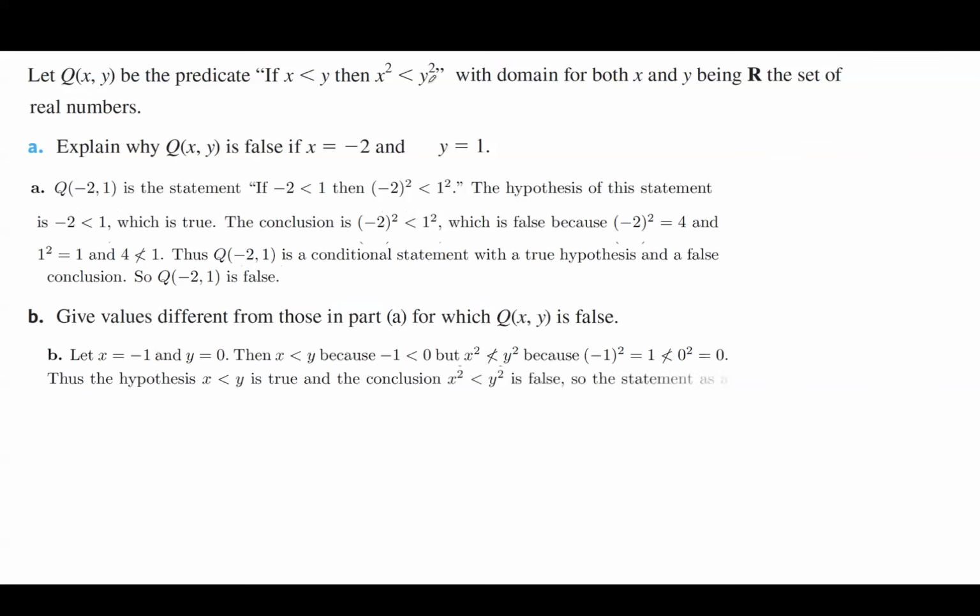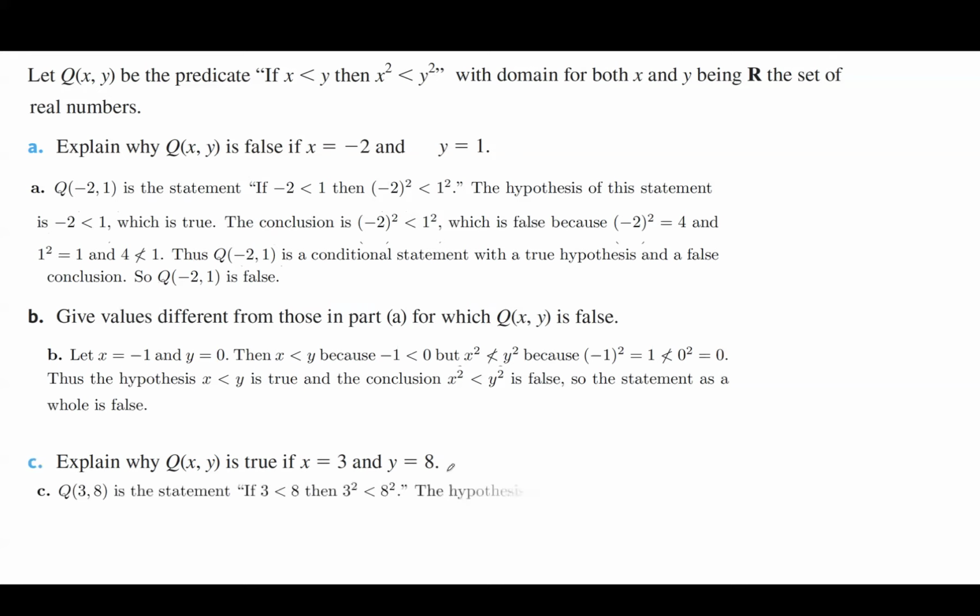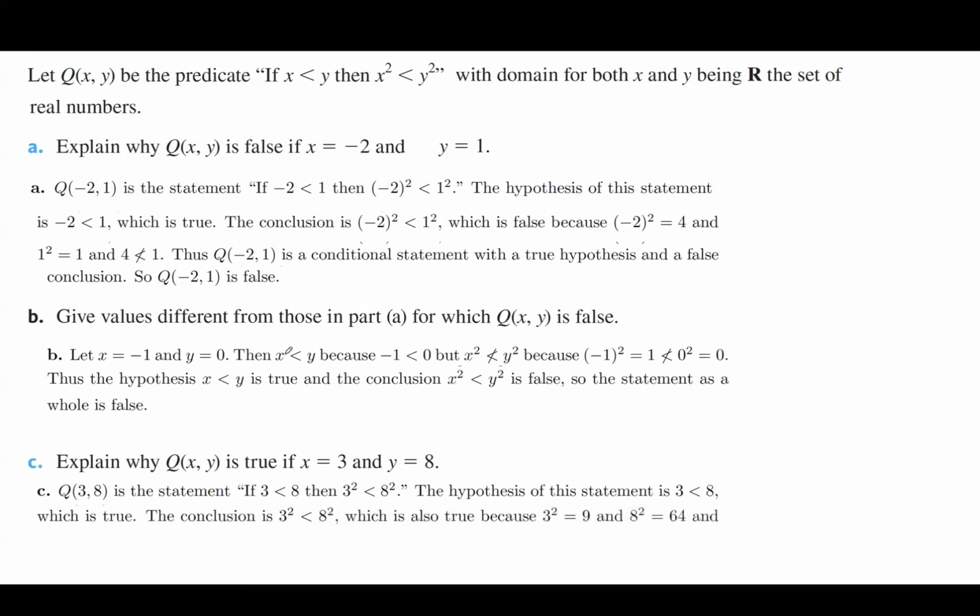Of course, you can find values that satisfy this statement, but since you have at least one example that makes this statement false, this statement is false in general. For example, if you plug in 3 and 8, indeed 3 is less than 8 and 9 is less than 64. But it doesn't mean that this statement is true all the time. We found two counterexamples that we represented here.